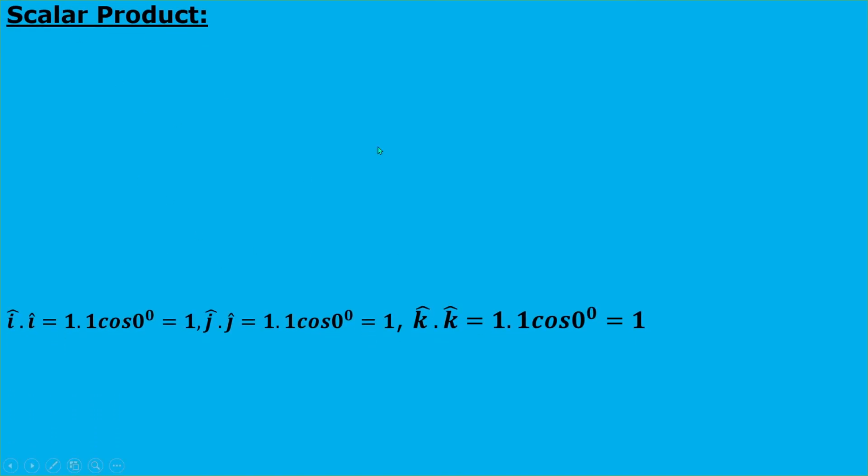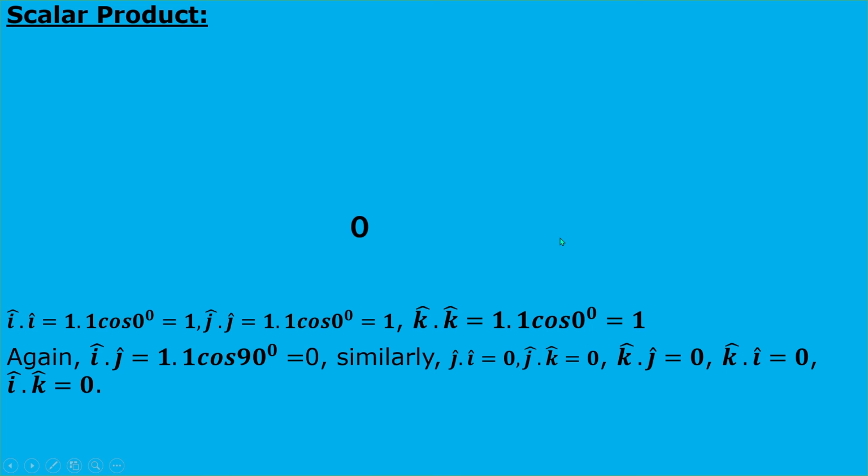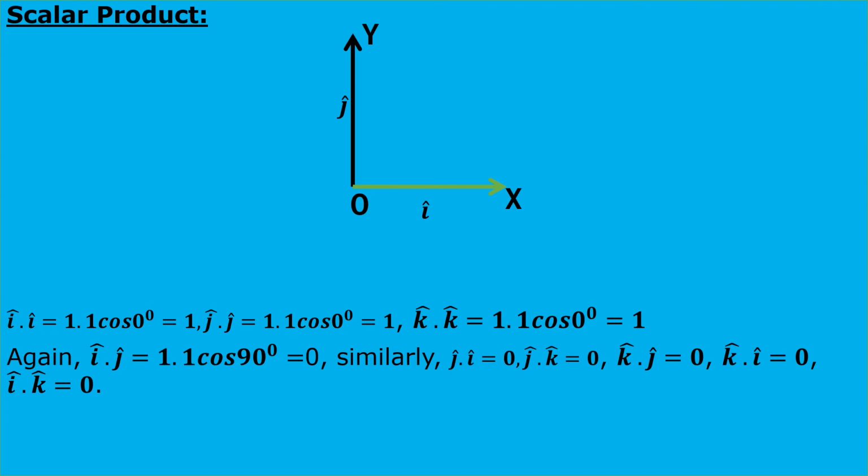Explanation of a scalar product. Follow here. The x-axis and y-axis are perpendicular to each other, so their included angle is 90 degrees. But when we take i dot i, their included angle is 0.